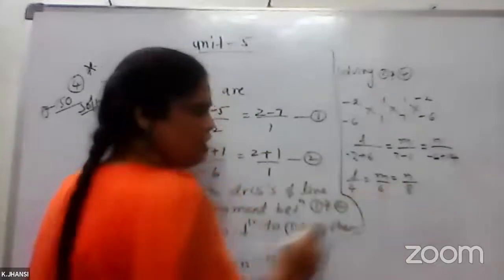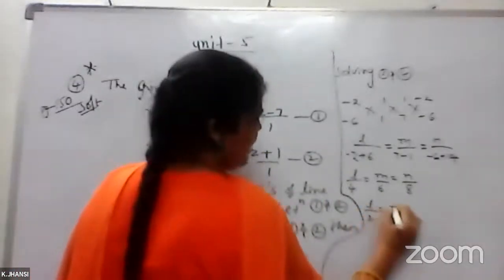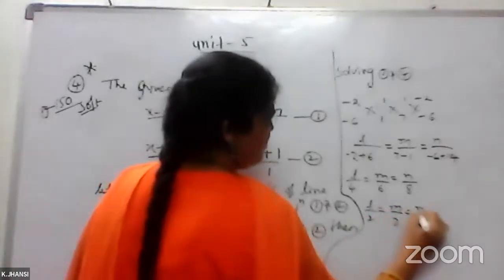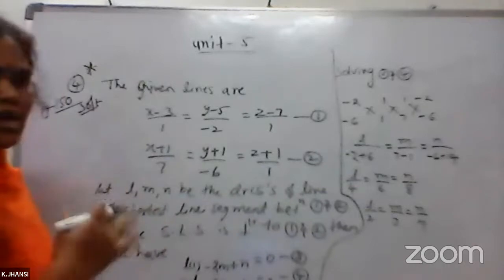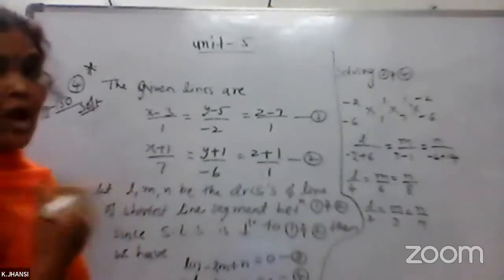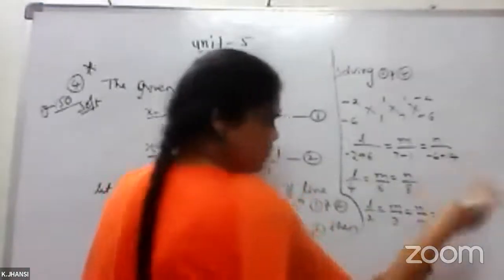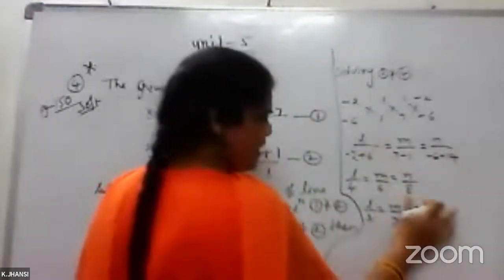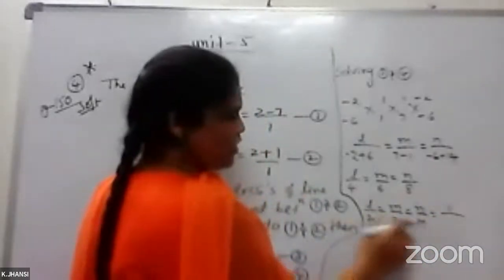So here we can take 2 common. If you take the common, you will get L by 2, M by 3 and N by 4. Okay. So here L, M, N values are 2, 3, 4. You have to equate it to a formula: summation of L square. Always the numerator will be 1 only, but the denominator here is the square of this.